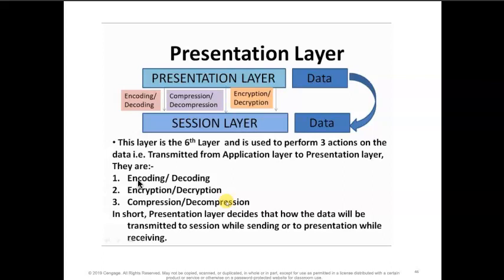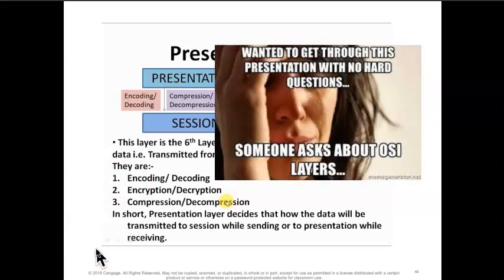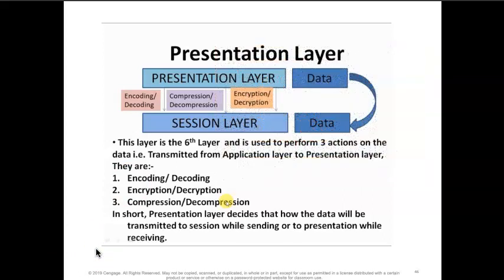Okay, so it will figure out the best way to transmit the data, just to follow your instructions. So keep in mind that the presentation layer is very, very important in how you send data and to make sure that it's properly formatted for the recipient on the other side.